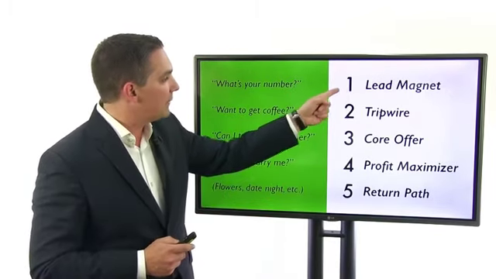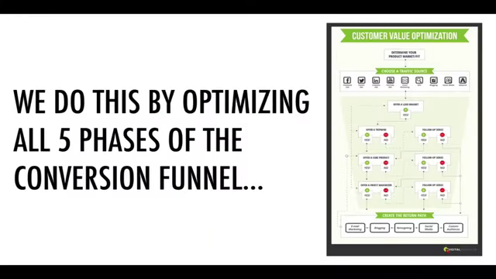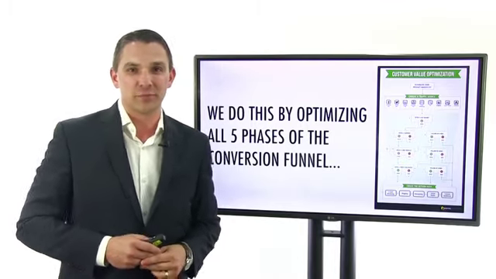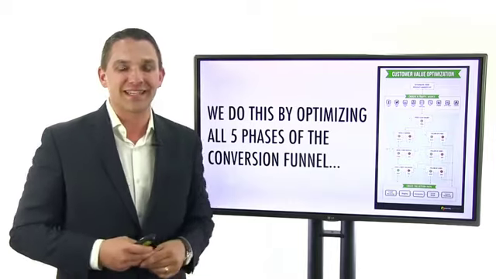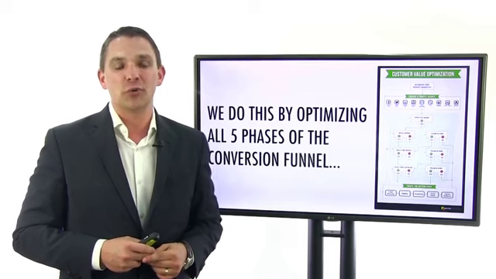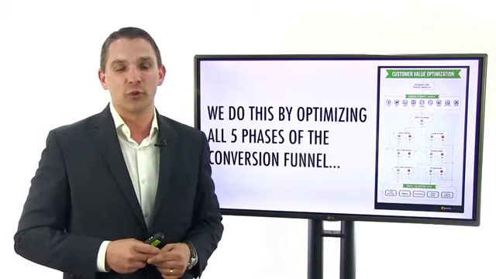We know that if we optimize each and every one of these phases, that's the key to maximizing customer values. And that's exactly what we're going to be talking about as we move throughout this training. So now that you understand the basic concept, the methodology that undergirds all this, I want to show you the actual formula that we're going to be using as we move through and optimize your customer values.